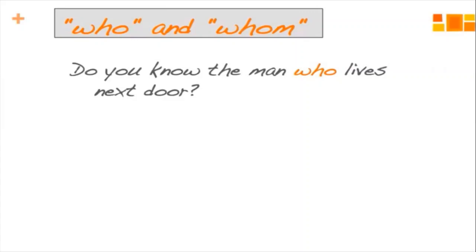A defining clause, right? Because it's giving information about the man. If you delete this part right here, would I know who the man is that I'm talking about? Do you know the man? What man, right? You don't know the man. So here is essential information. Great, defining. Well, that's good.